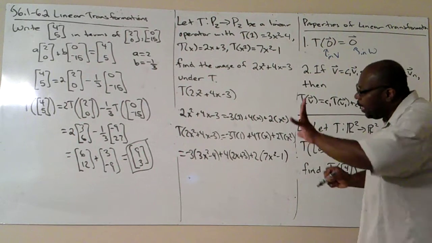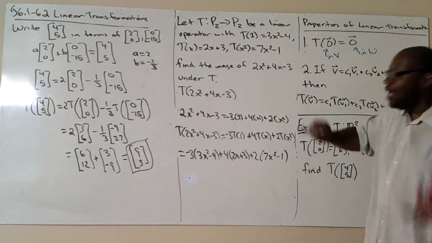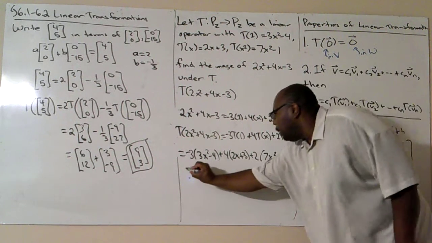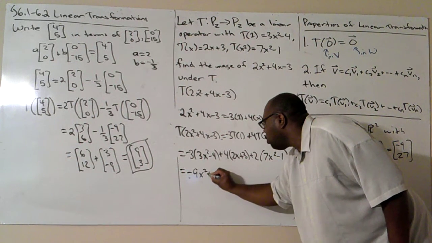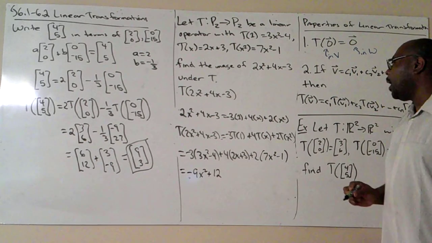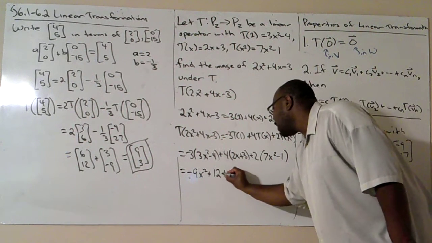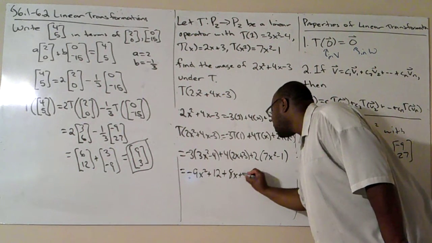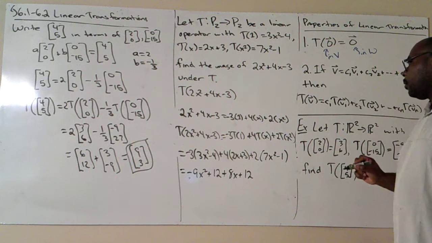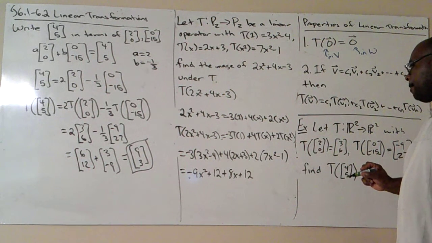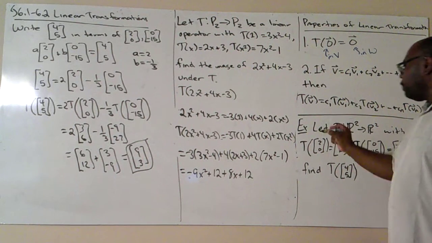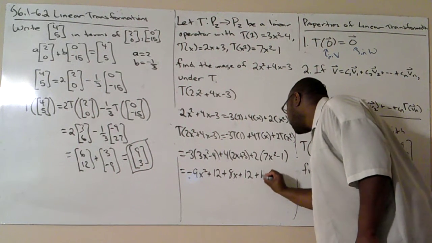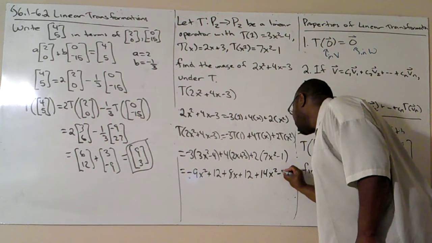Okay. And then I just have to be careful. This is going to be 9x squared plus 12. This is 8x, I think, plus 12. Okay, so far so good. Plus 14x squared minus 2.